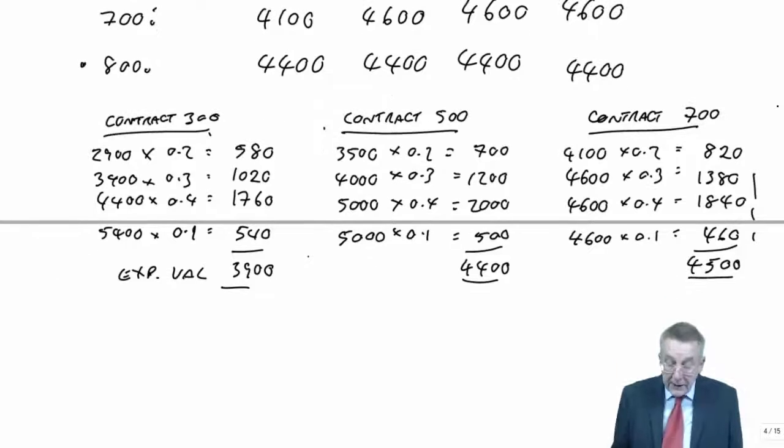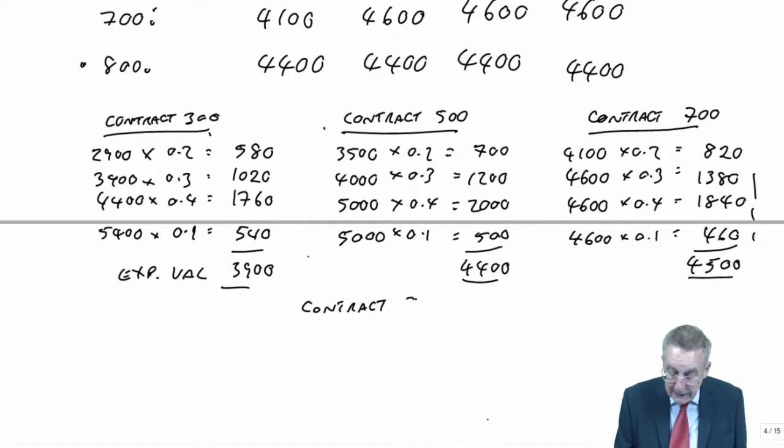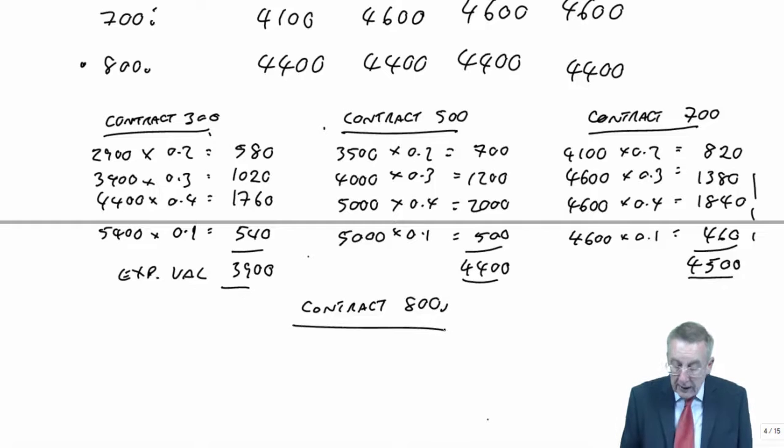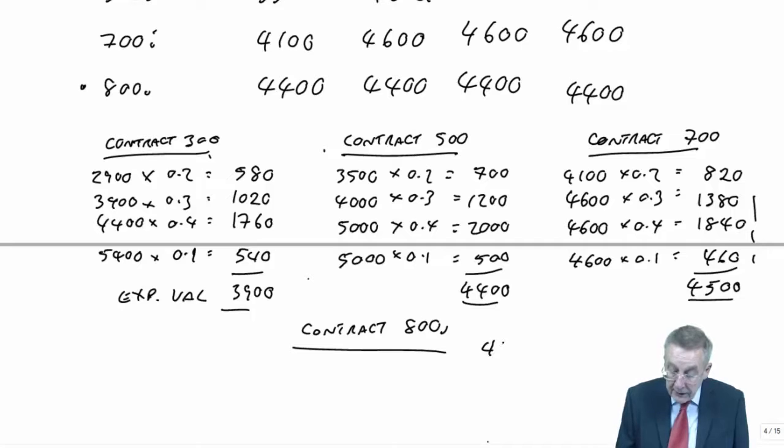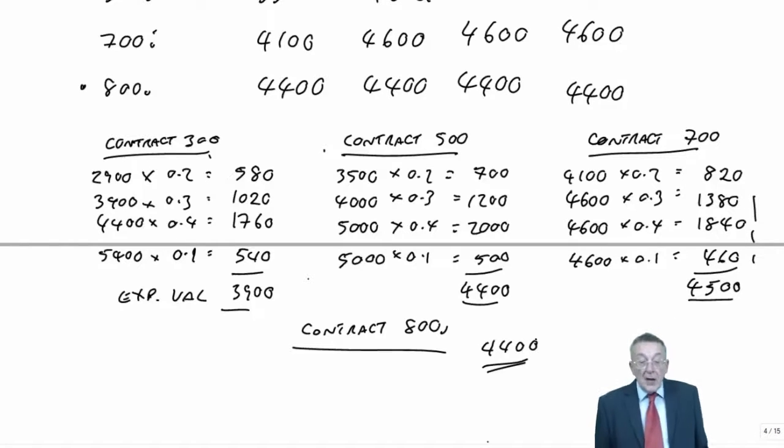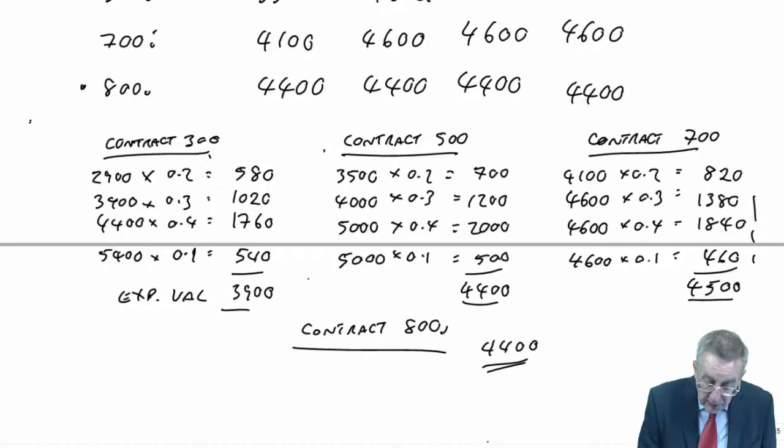Finally though, what if we contract for 800? Well, I hope you realise there, we don't need to keep multiplying and adding. Surely, check me if you don't believe me, but since they all give 4,400, we'll get 4,400 whatever. So, I should have headed this up. I'm doing the expected value approach.